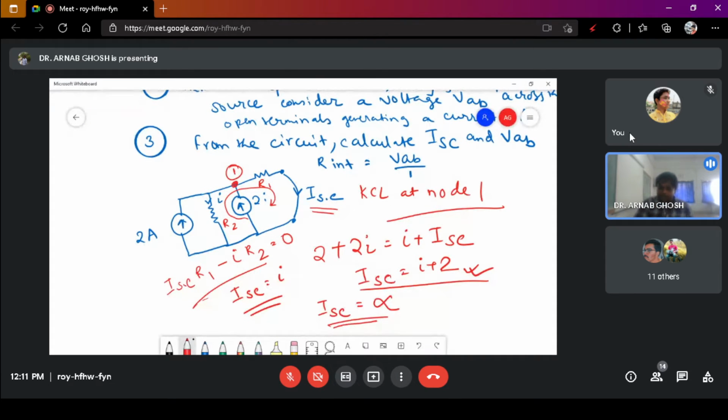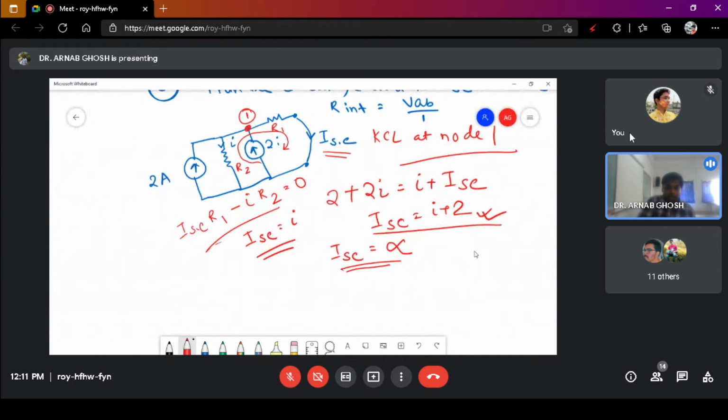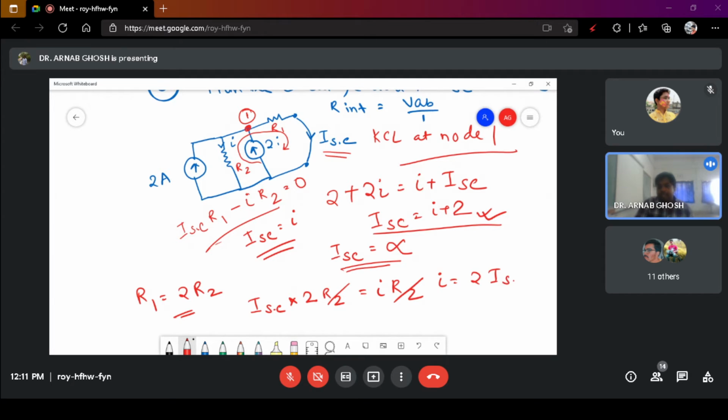But if your R1 was equal to twice R2, then how would you do it? ISC into 2R2 will be equal to I into R2. So R2 gets cancelled, and your I will be equal to twice ISC.